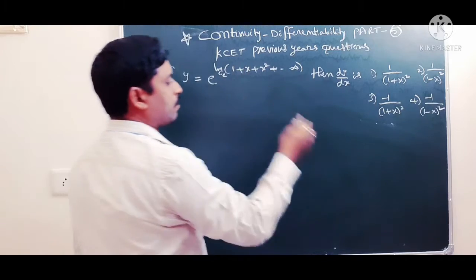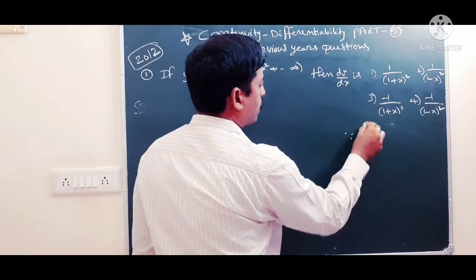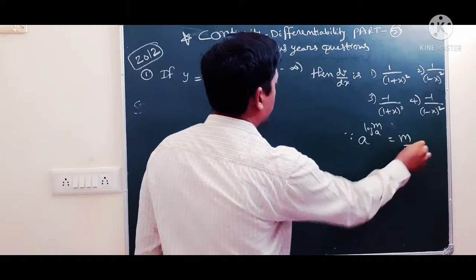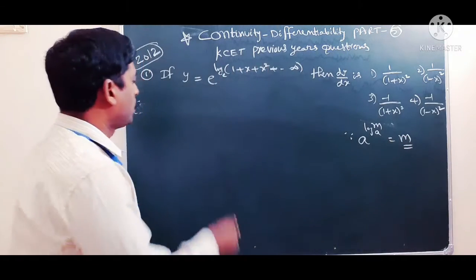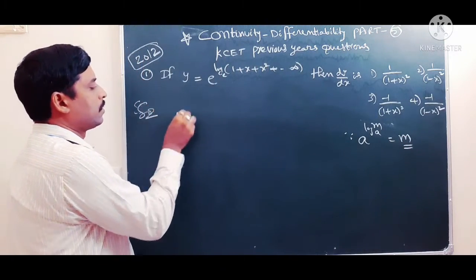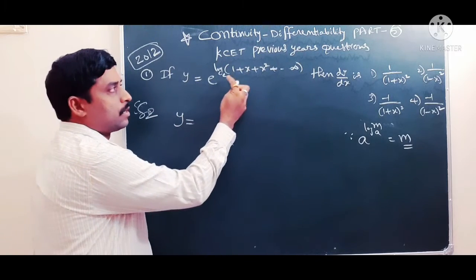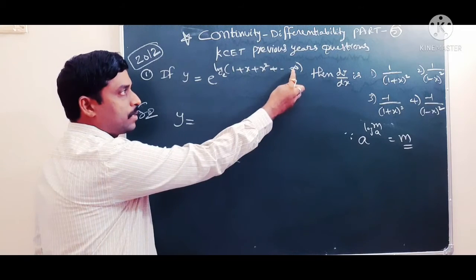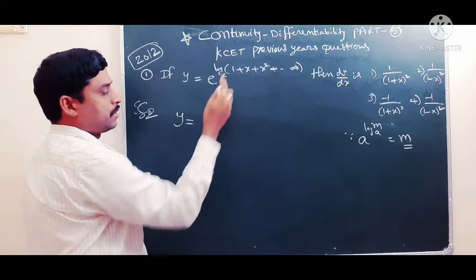This is in the form of a to the power log m base a. This will be m. Therefore, y is equal to e to the power log of 1 plus x plus x square plus so on up to infinity base e.